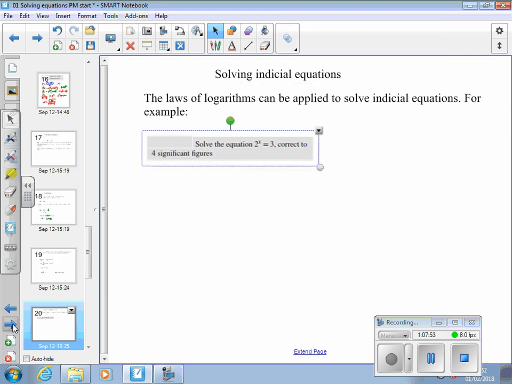Laws of logarithms can be applied to solve indicial equations.